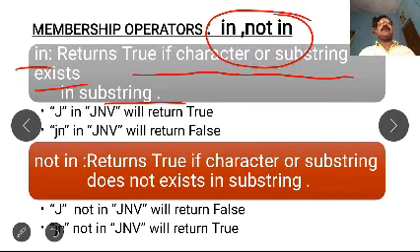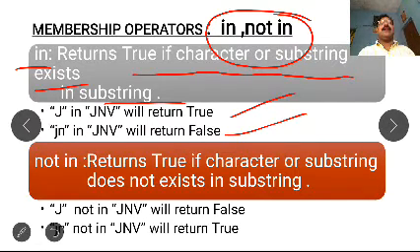See here the first example. 'J' in 'JNV' will return true. Why? Because J is already in the string JNV, so it is true. And next example, 'jn' in 'JNV' will return false. Why? Because this is case sensitive.